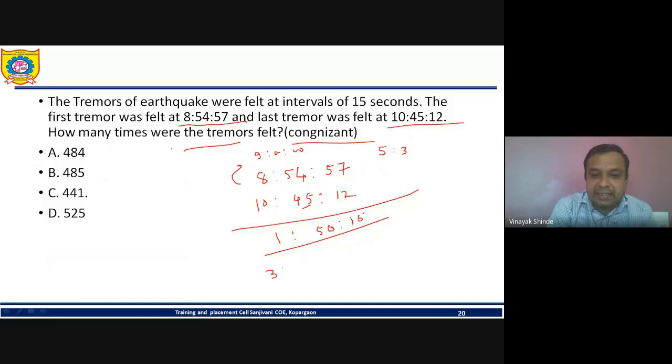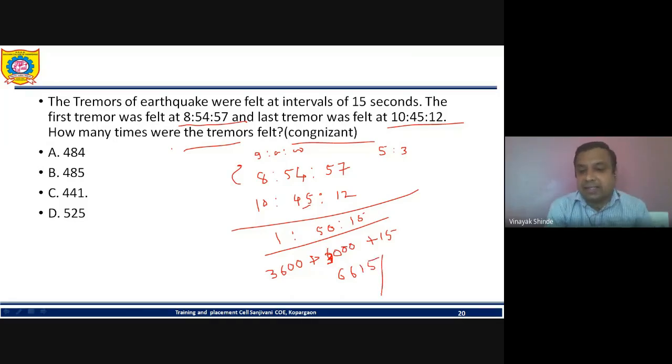It is 3600 plus 3000 plus 15, that is 6615. These are the seconds, so it is 6615 divided by 15.